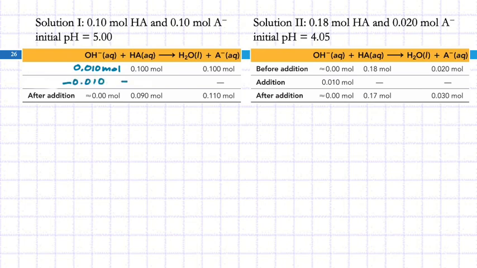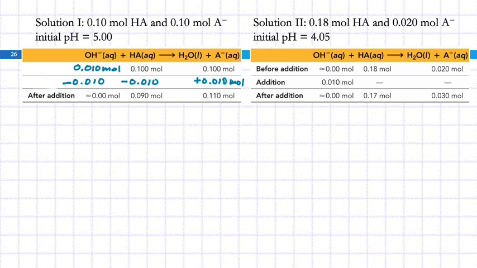And we're going to subtract that same amount from this one, which will give us 0.090. And then we're adding that over here. Does that make sense? We're not worried about the equilibrium here.